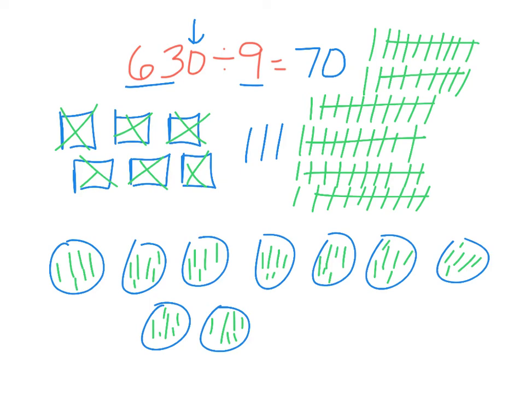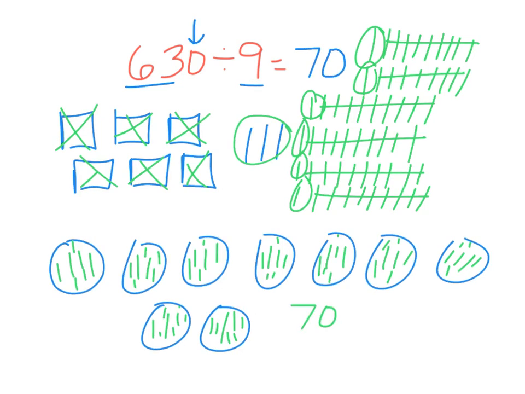And then finally, I have to see what I have left. I have that one. 1, 2, 3, 4, 5, 6, 7, 8, 9. So everyone gets one more. And I should have 7 marks in each. Some of them have connected accidentally. Yes, so we have 7 marks, and each of those marks is worth 10. So my answer is 70.